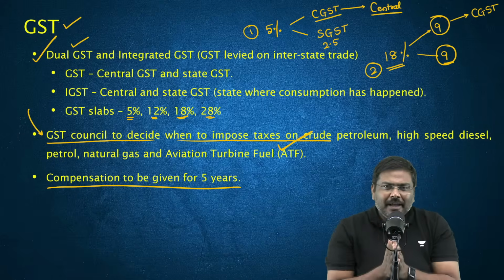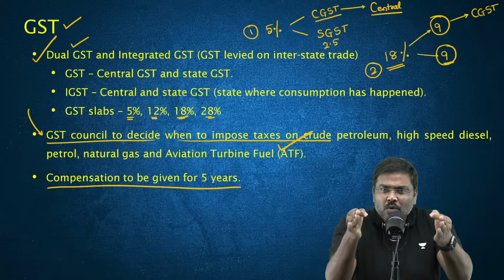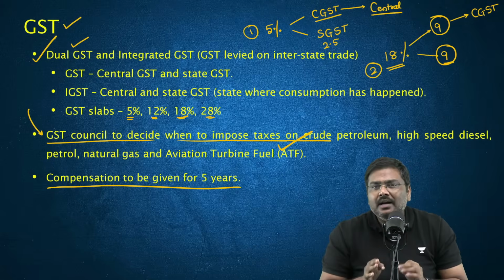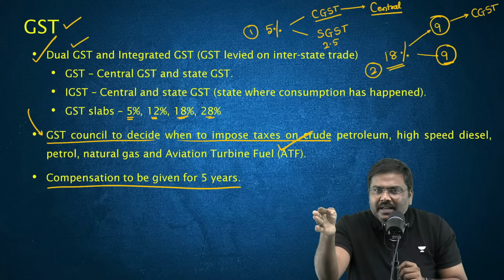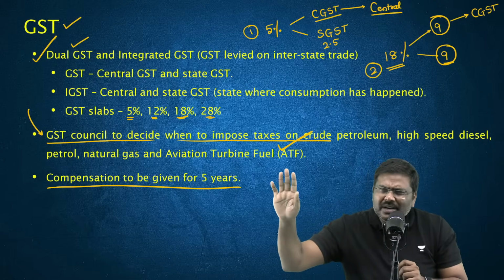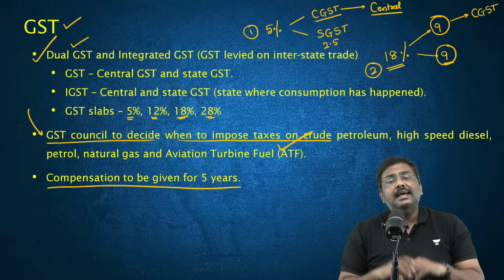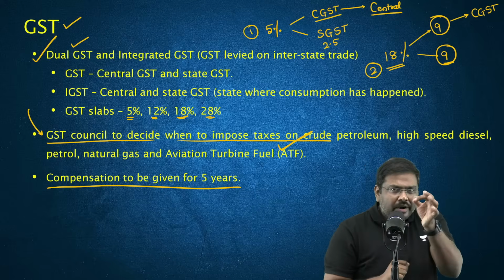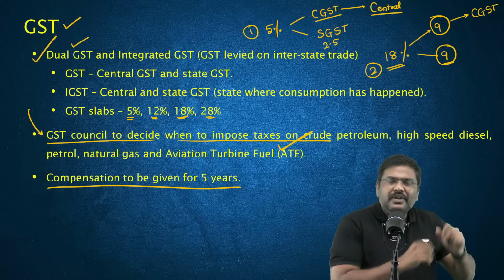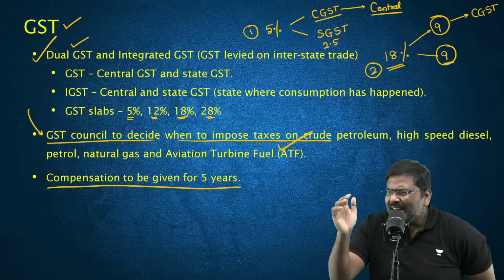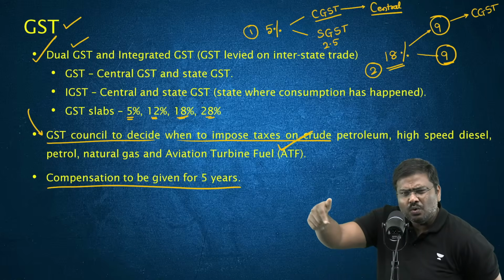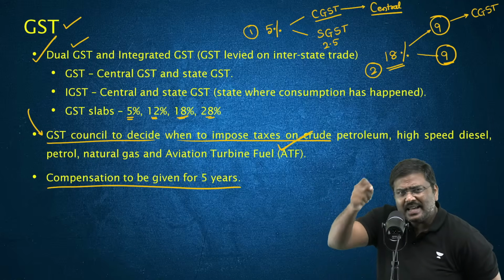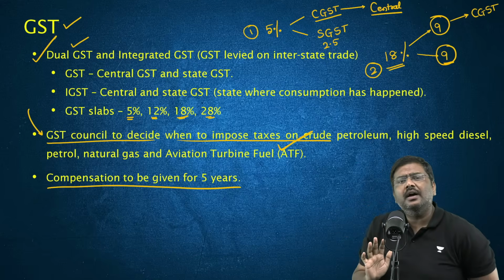Now you tell me, according to your requirement, can you decide indirect tax rates according to your need? Yes or no? According to your requirement in this particular financial year, can you decide any kind of tax rate on the goods and services? The powers are given to you under the Constitution of India.